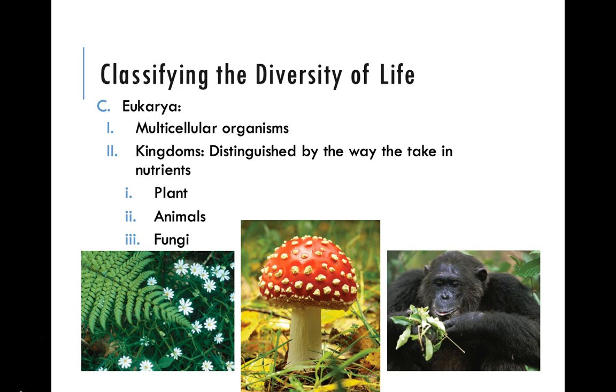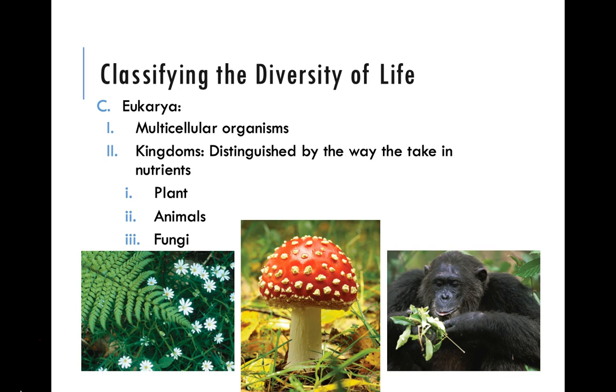You have the plants, animals, and fungi, and they are multicellular organisms that are distinguished by the way that they take in nutrients. So these 3 groups are very, very different on the surface, but really the main difference is their energy acquisition.